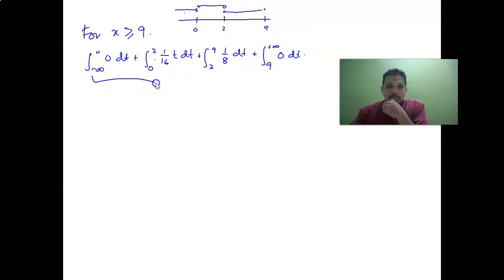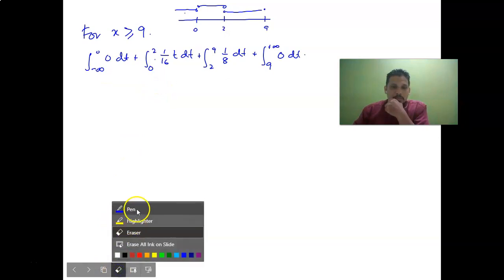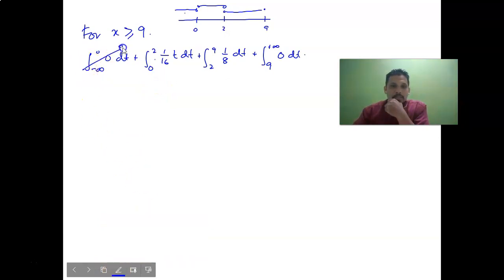So this we consider as F9. Okay, so F9, if I solve this using integral one by one here, this can give you 0, and this also can give you 0.